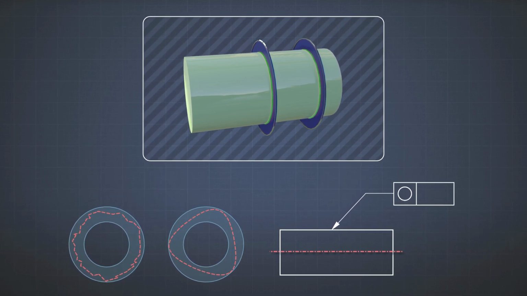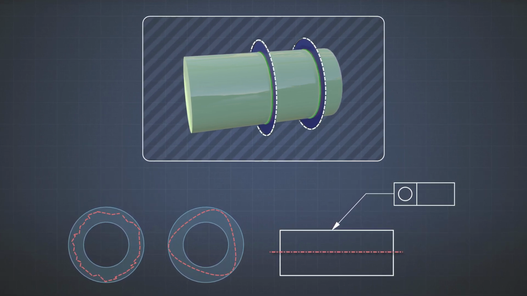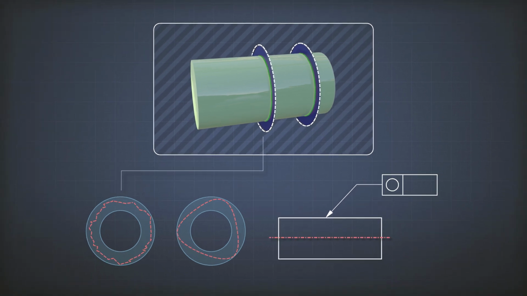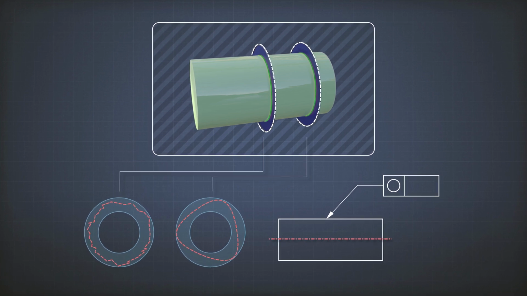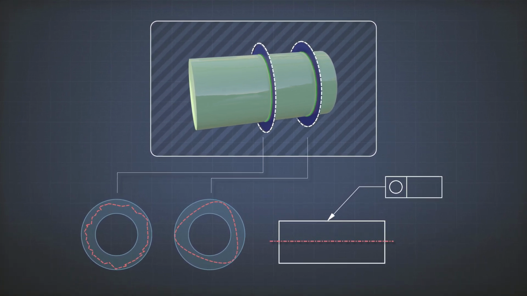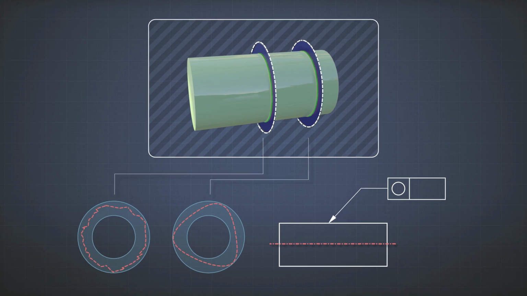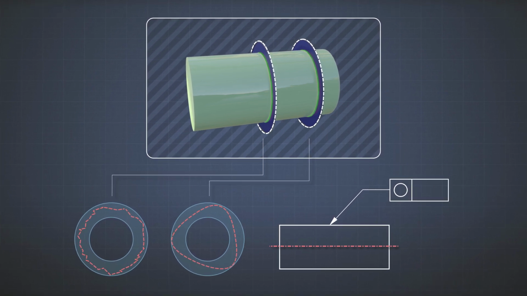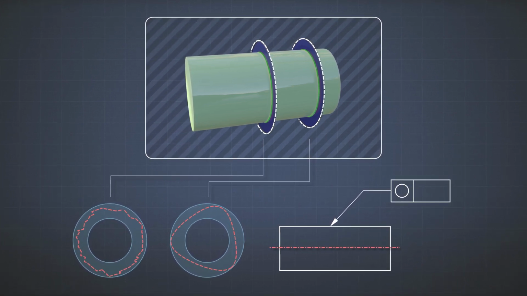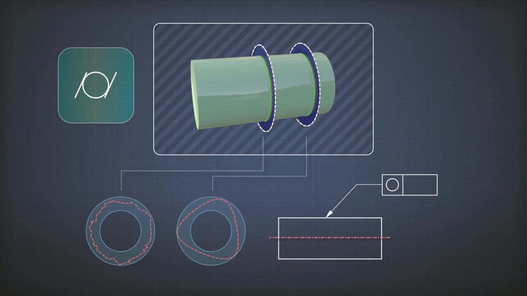This means I will cut here and cut here. And here the circularity has to be between these two circles. And here the circularity has to be between these two circles. But I cannot add a relation between the different cutting sections. I did not add a relation between these different planes. So in this case, the cylindricity tolerance will work better than the circularity.